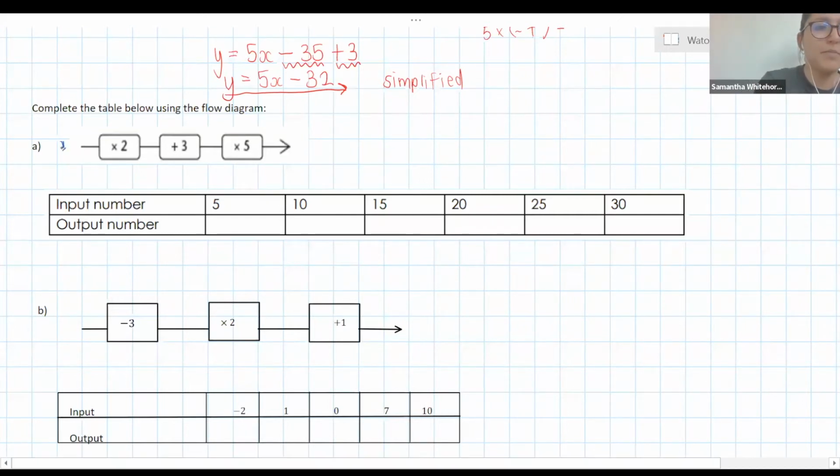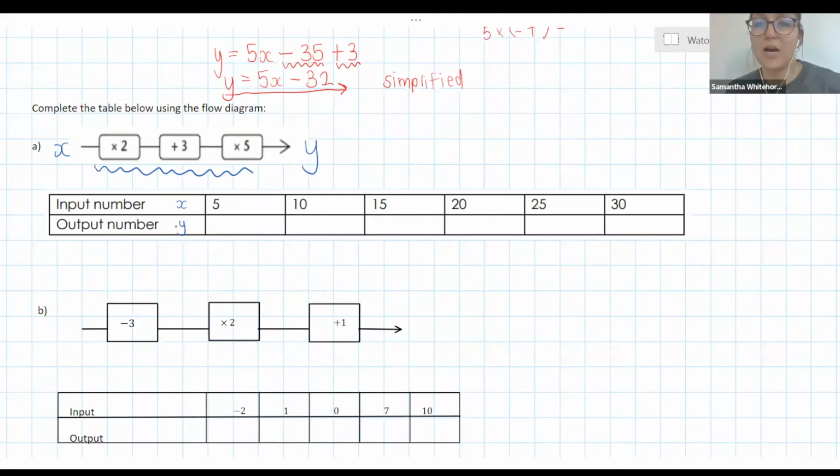I'm taking my input, doing all of the operations that the flow diagram tells me to do, and I'm getting my answer, which is my y. So here in your table, you've got an input and an output. If we apply the rule, we should get the correct answer, and this will then allow me to draw a graph.